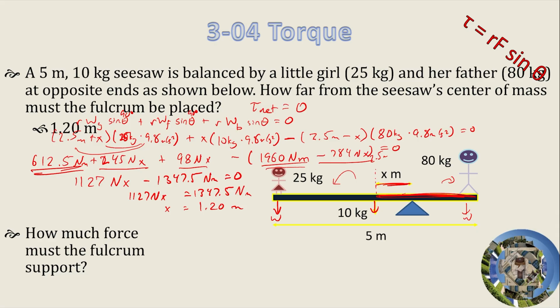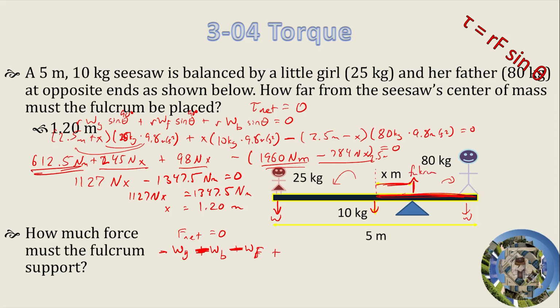Now, how much force must that fulcrum support? So that's going to be the sum of the forces. So this is talking about the net force has to equal 0 because we're in equilibrium. So we have the weight of the girl going down, the weight of the board going down, the weight of the father going down, so I guess those should all be negatives, and then we have the fulcrum pushing it up.